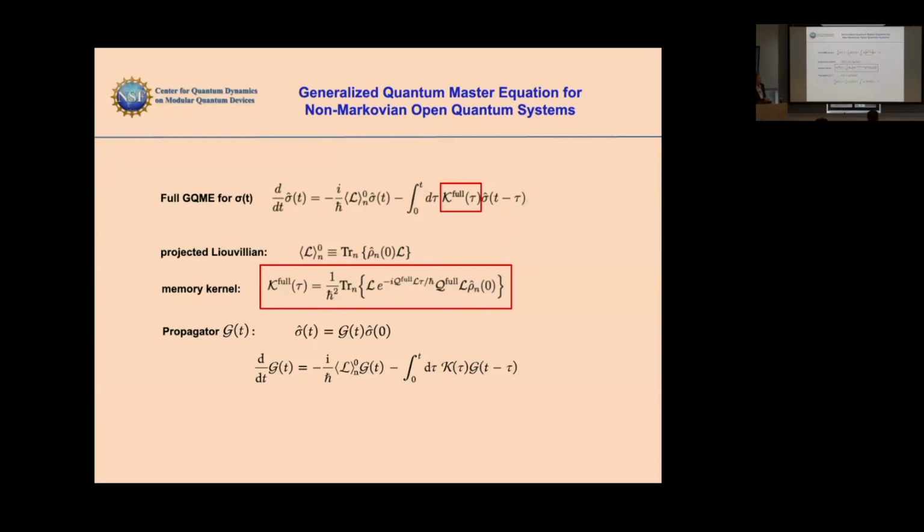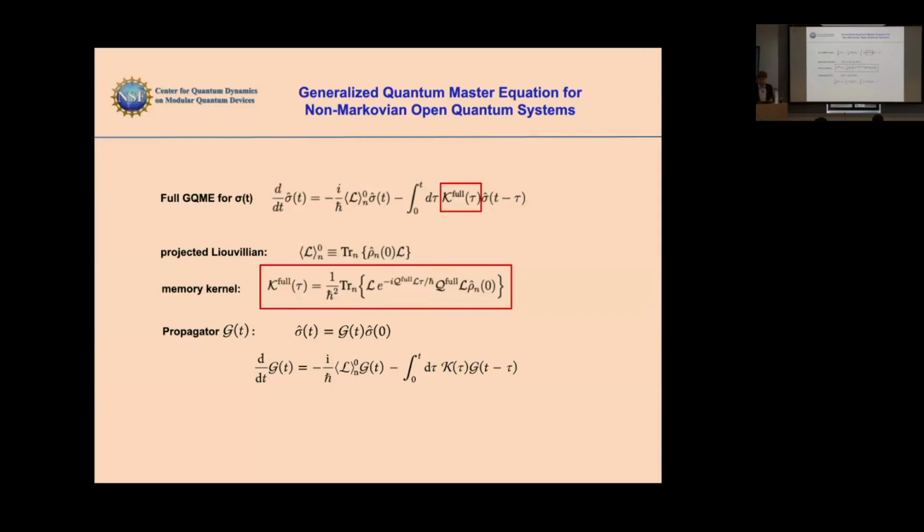And the memory kernel has this expression in terms of a sufficiently well-chosen projection superoperator that projects the density matrix into a subspace of interest. And as I mentioned, it could be all of the elements of the electronic reduced density matrix or a subset of those. And the equation of motion for that reduced density matrix is the same as the equation of motion for the propagator. They both follow the same GQME.